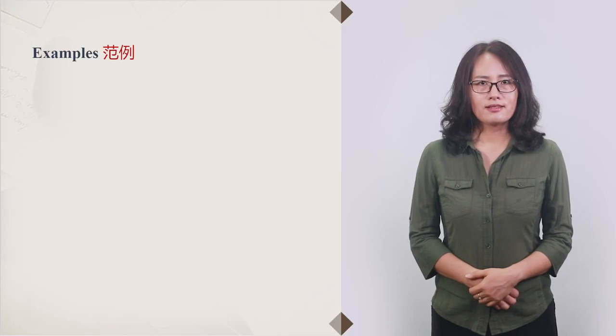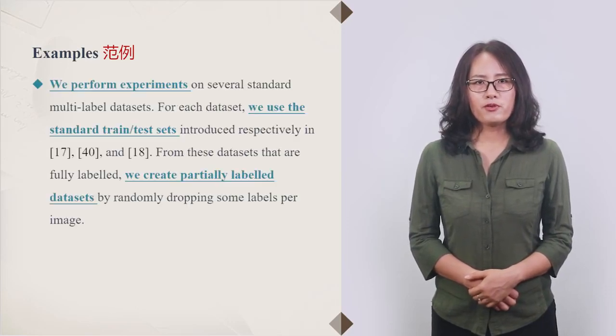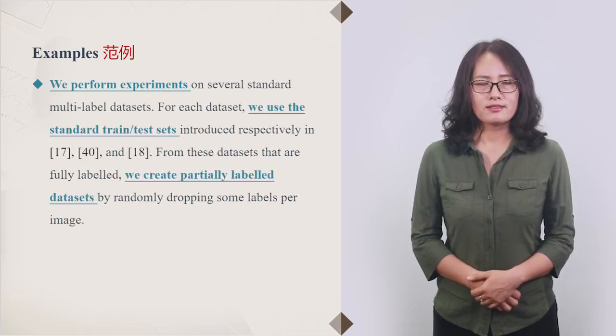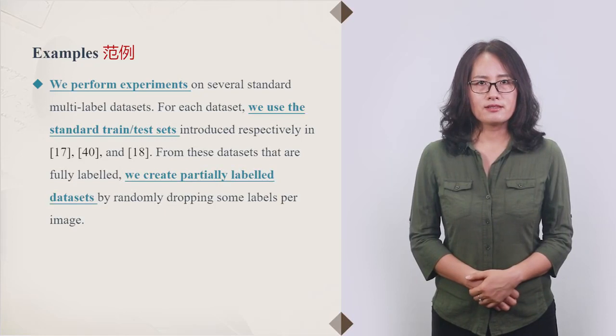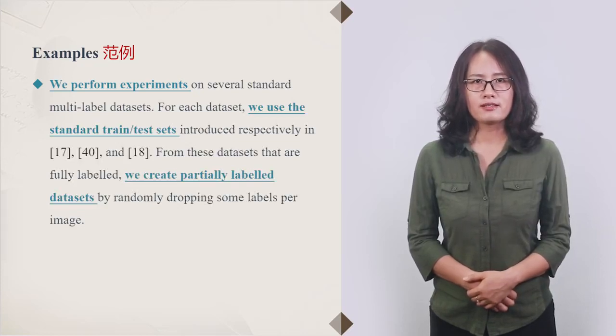我们来看几个例子。第一个例子 We perform experiments on several standard multi-label datasets. For each dataset, we use the standard train or test sets introduced respectively in 17, 40, and 18.